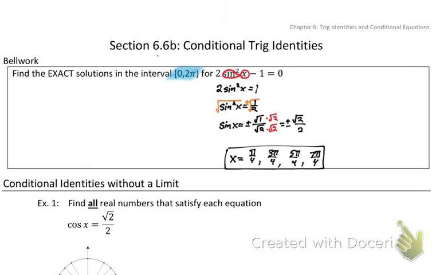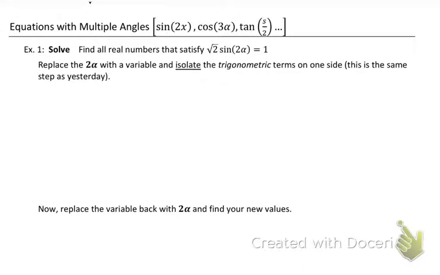Compare that to our very first problem, where I had just x in there. This is basically, I now have 2x in there. That 2 alpha is just 2x. Your best bet is to completely forget about it and treat it like a normal trig equation.